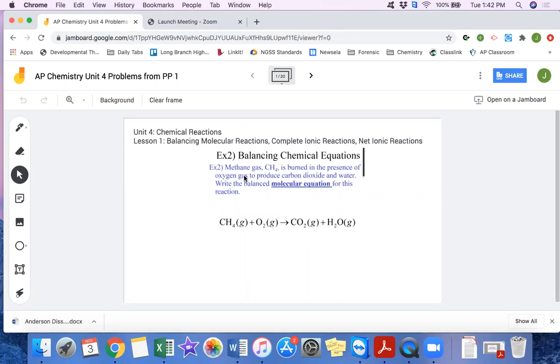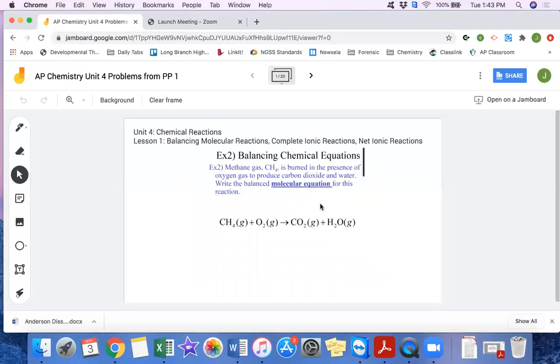The molecular equation is given to us below. When we balance chemical equations, we add coefficients in front of the compounds to make sure that the number of atoms of each element on the left side of the reaction is the same as the number of atoms of each element on the right side.